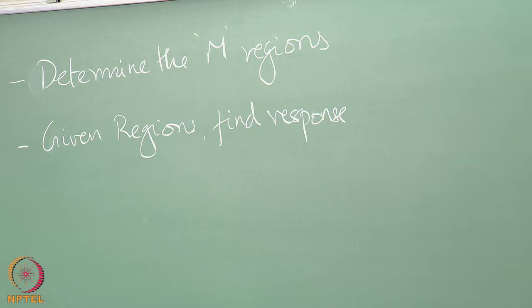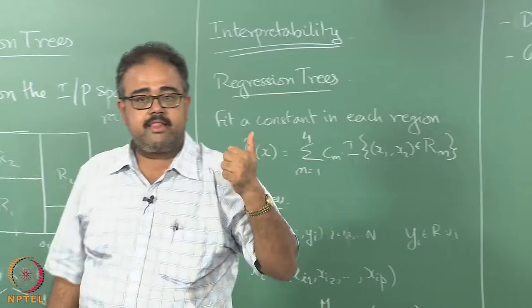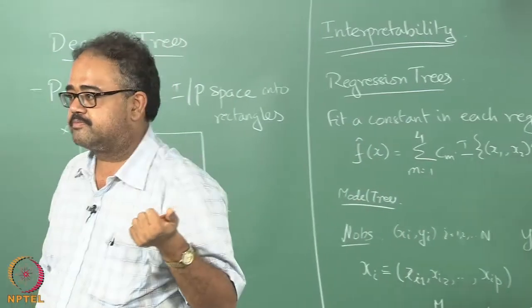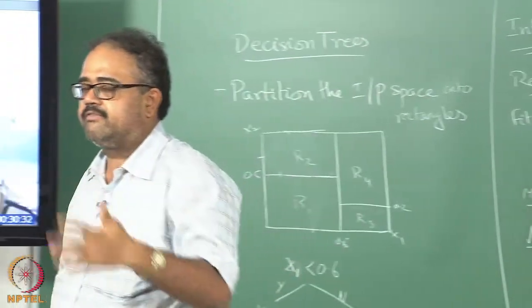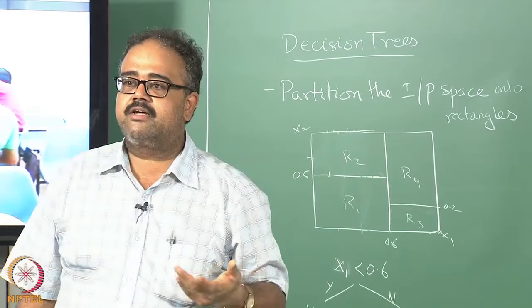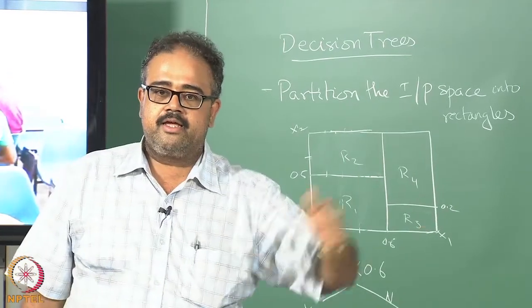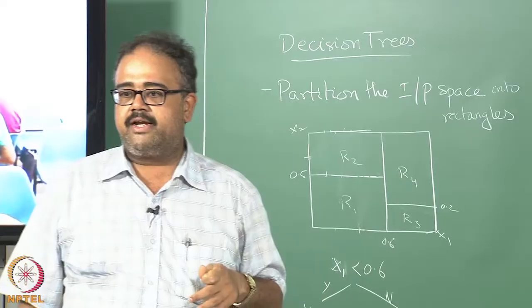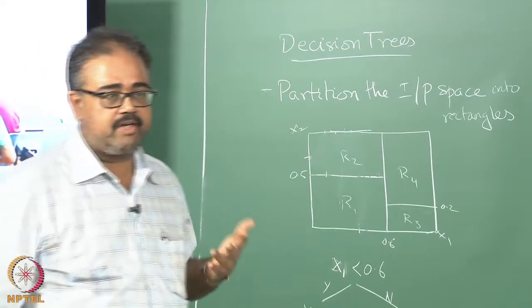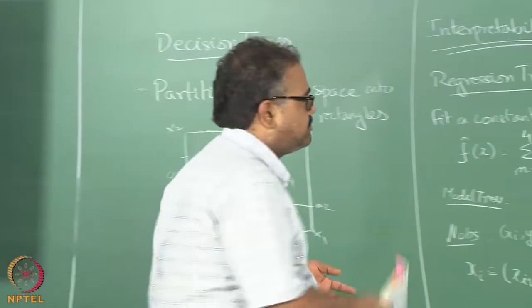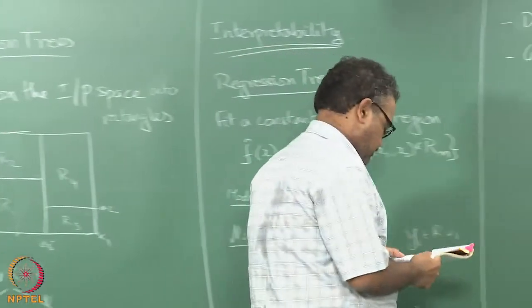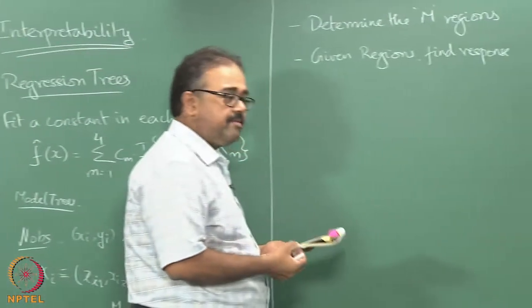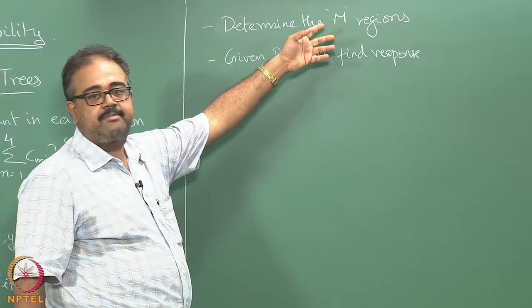But one thing to note is, unlike K in KNN or anything, the M is not given to you, right. M is something that you discover from the data, and that is why I said it is non-parametric, right. You can actually have more regions if the data requires it, you can have lesser regions. M is not given to you a priori, right. But sometimes as a regularizer you can decide to fix M as well.